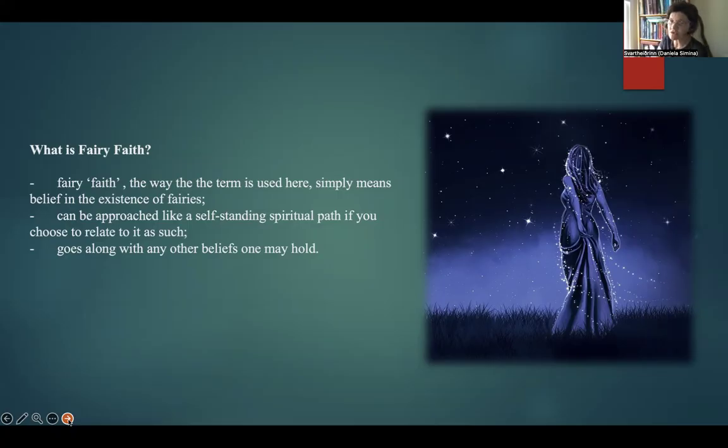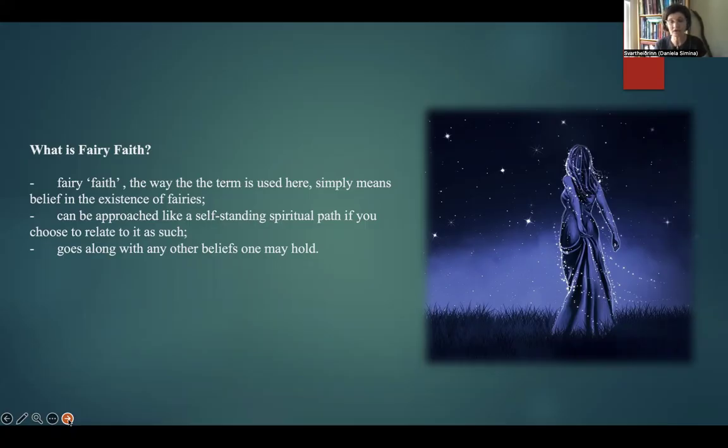Now, how do you choose to think about fairy? That's your personal business. Some think of them as completely disembodied spirits, only capable of appearing in the realm of dreams or meditation or journey. Some have experience with them appearing in real life, taking different forms, communicating through omens, through little strange things happening around us.